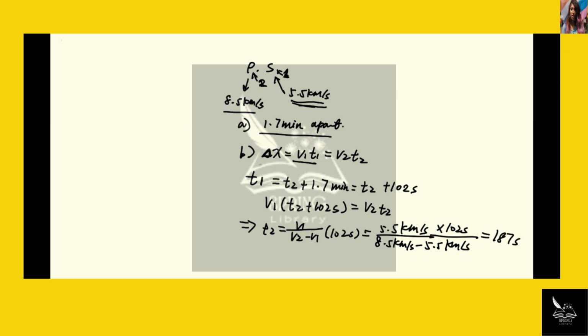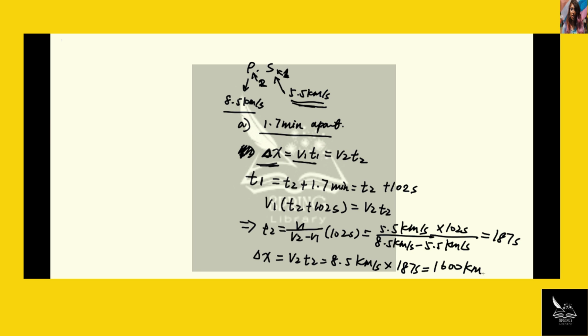And now we're looking for the distance, delta x. We already have T2, so let's use V2. V2 T2 equals 8.5 kilometers per second times 187 seconds, which is about 1,600 kilometers.